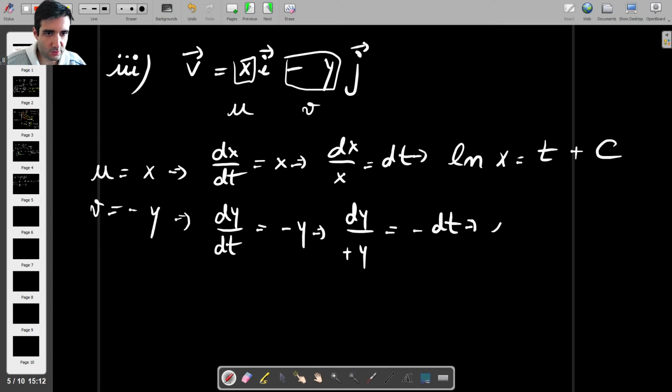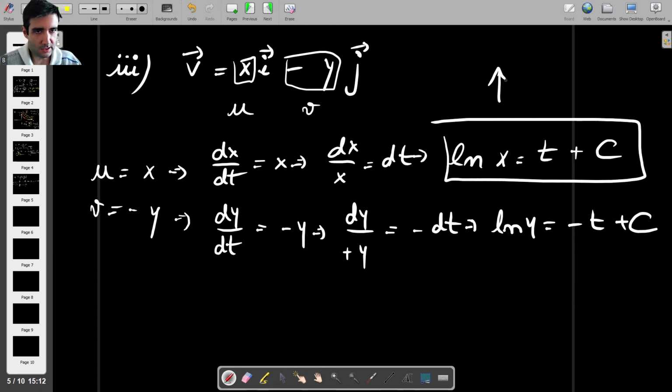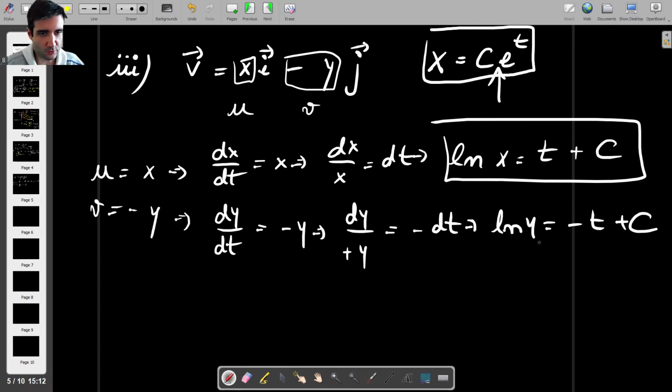So ln of y is minus t plus c. So what do we then do with this? Let's write x as something in terms of t. That would be a constant times e to the power t. If you rearrange this, what you're going to get is y equals, maybe this is C1 and this is C2, C2 e to the minus t.